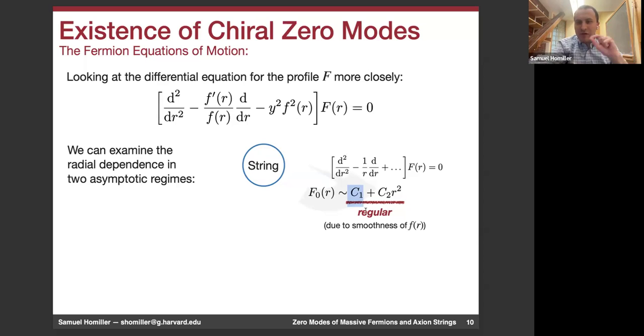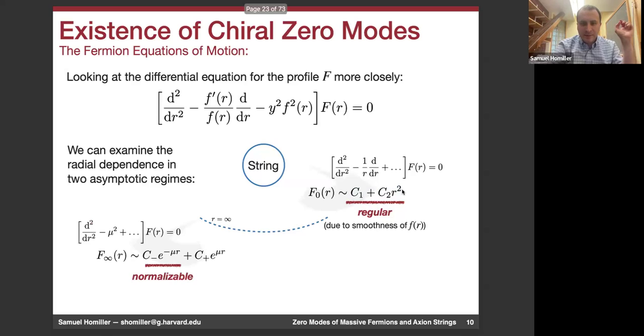And very importantly, both of these solutions are regular functions due to the smoothness of the string profile as it goes towards the core. But the second order differential equation has 2 linearly independent solutions, and the asymptotics is that it has to approach these.